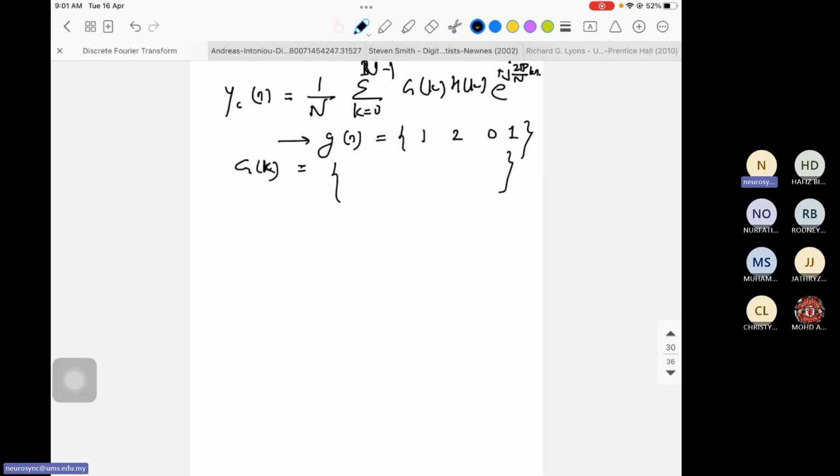Yes, what is the value of g of k? First value.